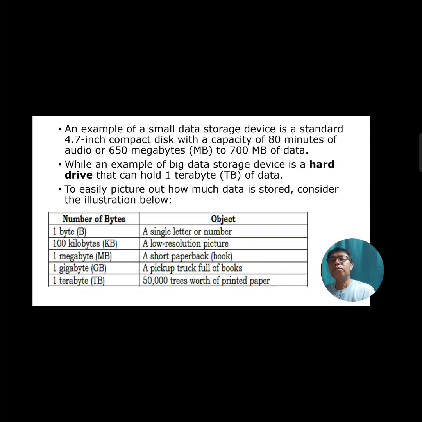Next one, 1 gigabyte, that is 1 pickup truck full of books. You need to say that is the capacity of 1 gigabyte. It's just like 1 pickup truck full of books. 1 terabyte is just like 50,000 trees worth of printed paper. So 50,000 trees are being cut down to produce printed paper.